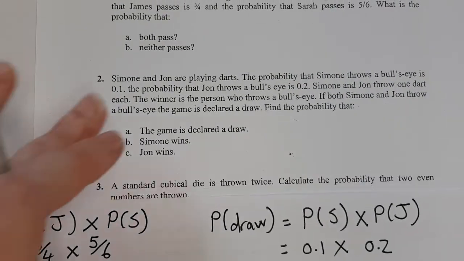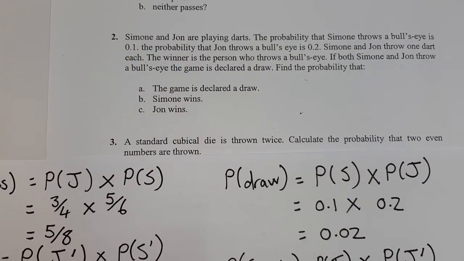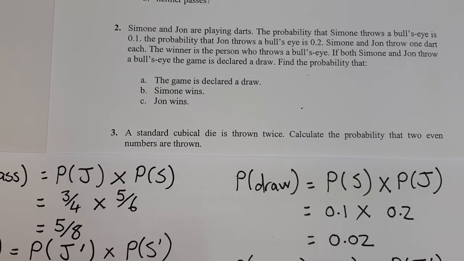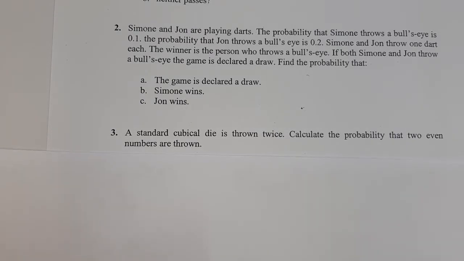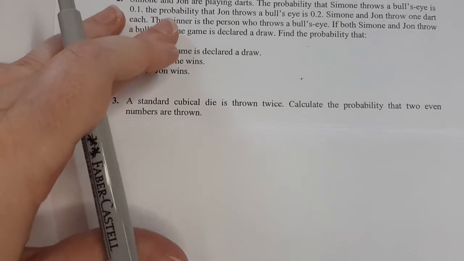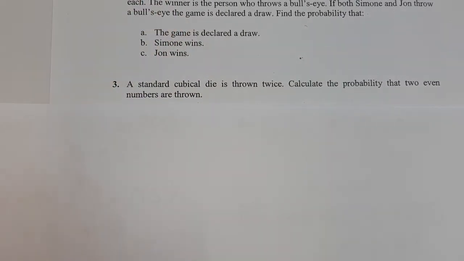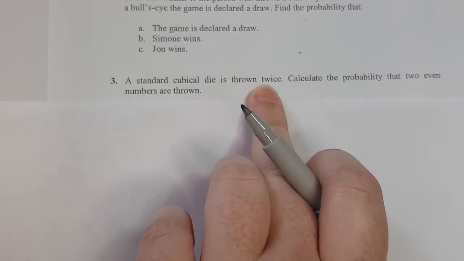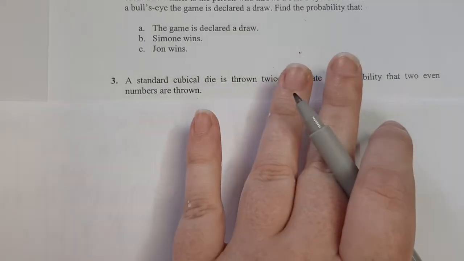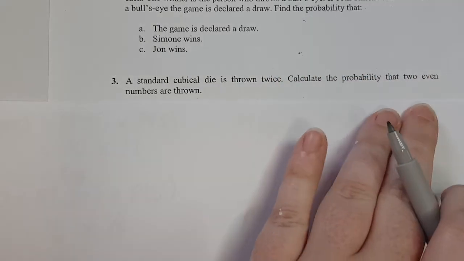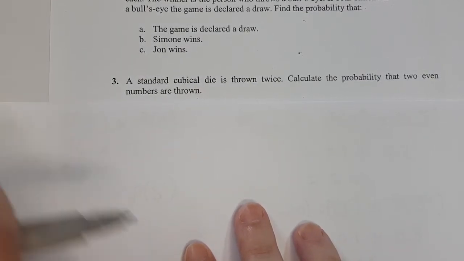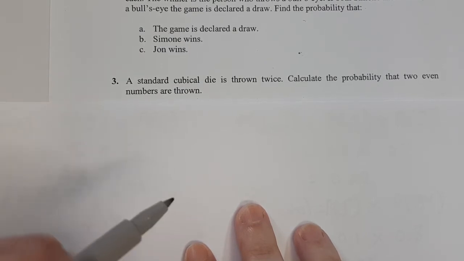Okay, if we look at the next question, I have got a standard cubical die thrown twice, and I need to calculate the probability of getting 2 even numbers thrown. It doesn't tell me which even numbers, it just says that I need to calculate the probability that I get 2 even numbers. So that means I get an even number on the first throw and an even number on the second throw.